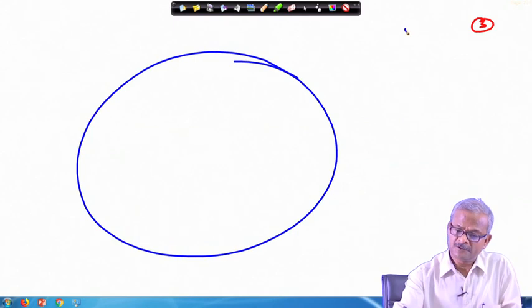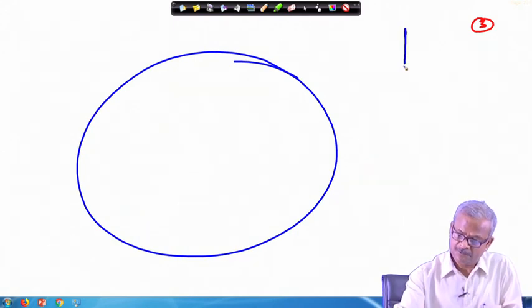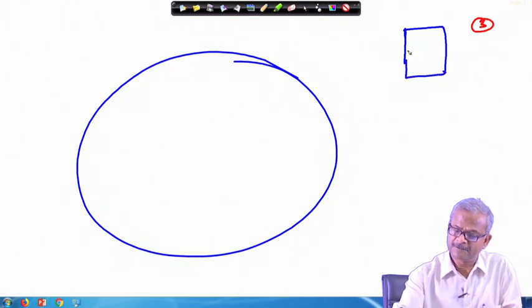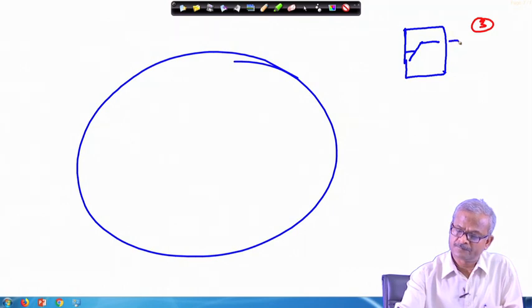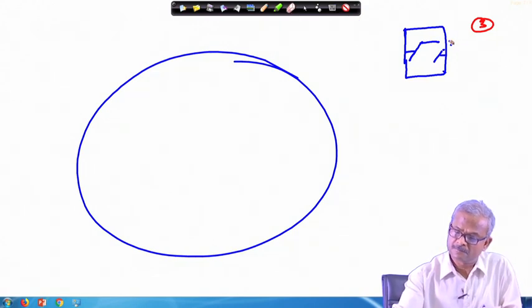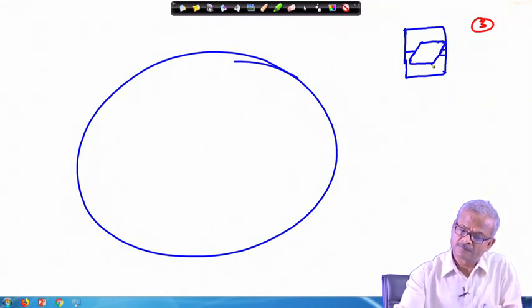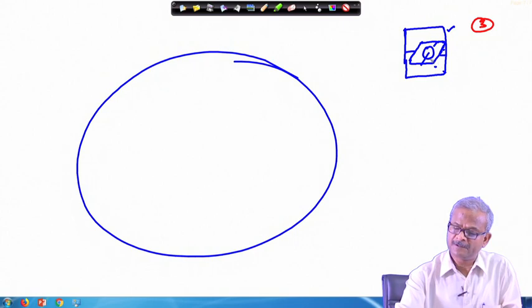Because of the arrangement you are using, the outer frame, especially in the double gimbal control moment gyros, this is the outer frame, and then we have the disc here in this place, the outer frame, inner frame, and this disc.